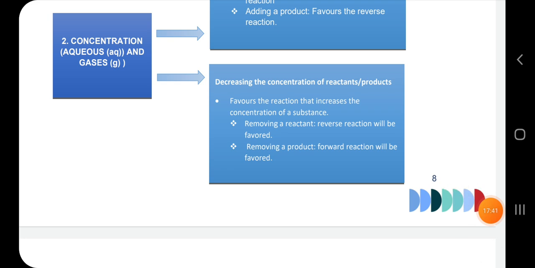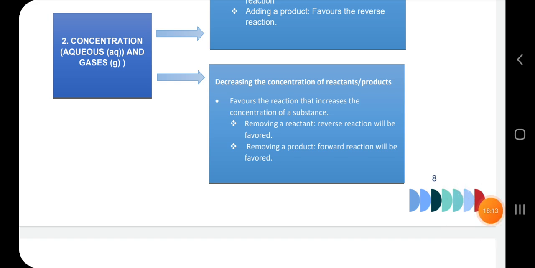So the forward reaction is also favored if the concentration of a product is decreased so that more product is formed, right? When you decrease a product of a system, more products are formed. Remember, when you're trying to decrease something, the system will increase it. So removing a product, the forward reaction will be favored.